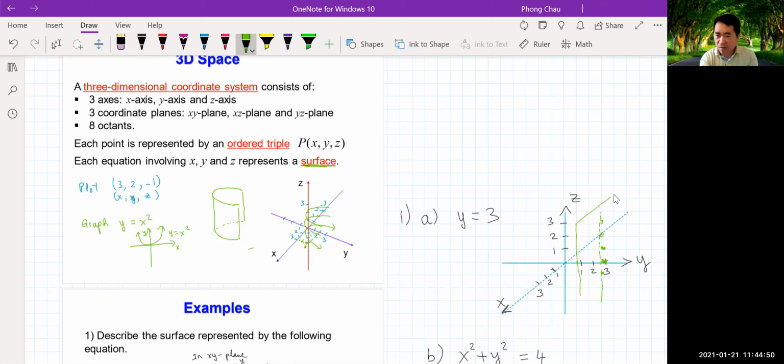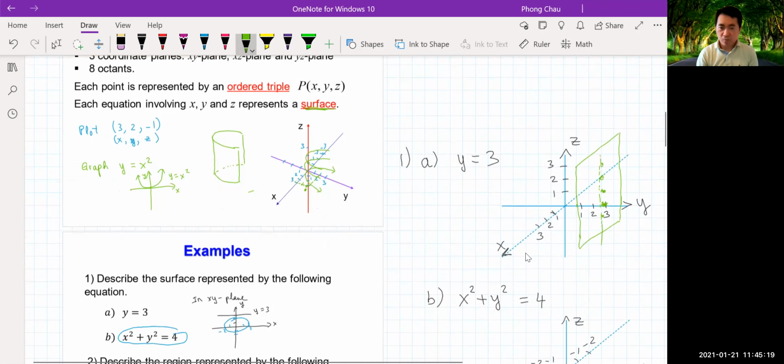It's like a paper, a flat surface. It's like a paper plane perpendicular to your computer screen, and vertical. So that gives you the graph of the equation y equals 3.